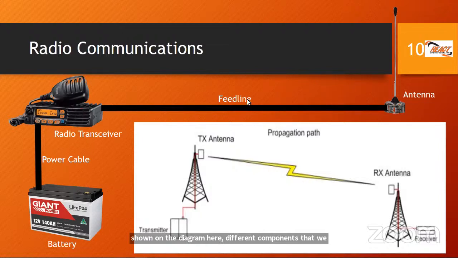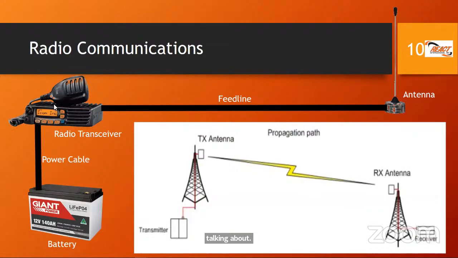But this is what we're talking about when we're talking about radio wave propagation, when we're talking about signals coming off of an antenna. This is the setup we're talking about. We're hoping to speak to someone, or in some cases, we may connect a computer to the radio and let the computer do the talking.